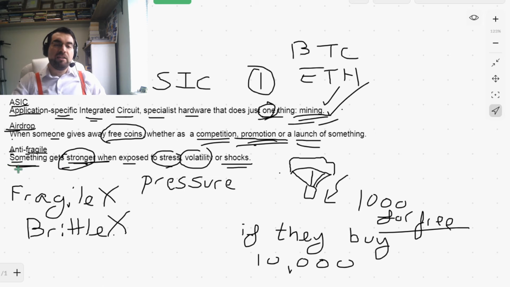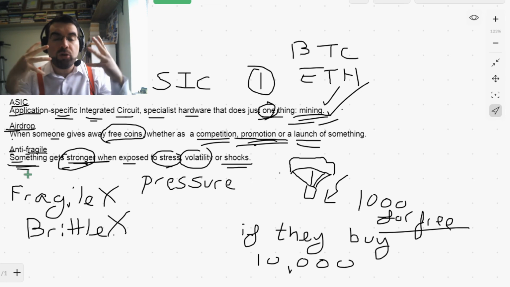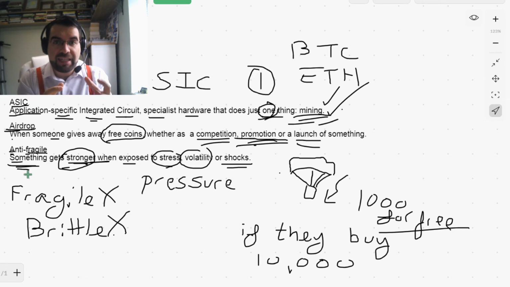We want to be anti-fragile. And anti-fragile in the crypto world talks about the more stress, the more tests, the more proof, the more challenged a crypto is, such as Bitcoin, the stronger it gets. Now, why is that?